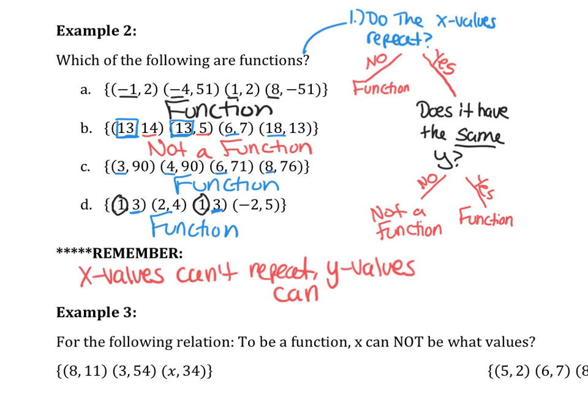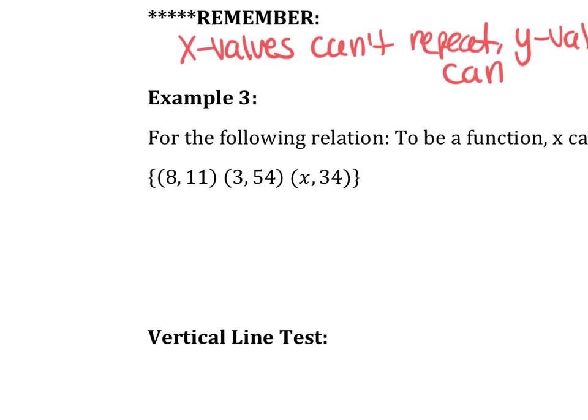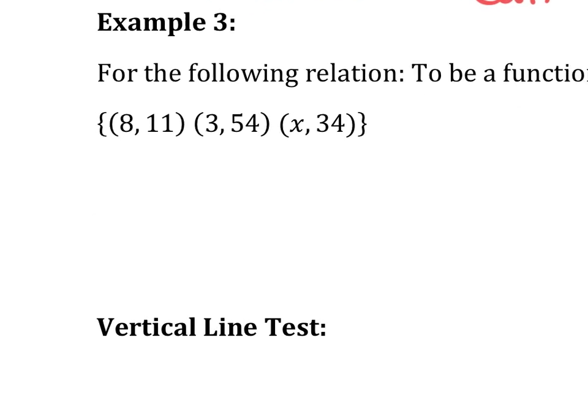All right, so still in the same idea here, determining if a relation is a function or not. Example 3, for the following relations, in order to be a function, x cannot be what value? So we just want to see what value of x would cause this set of ordered pairs here to not be a function.